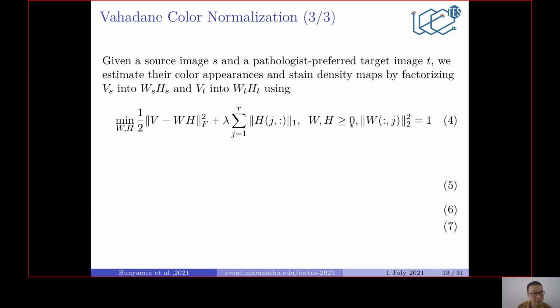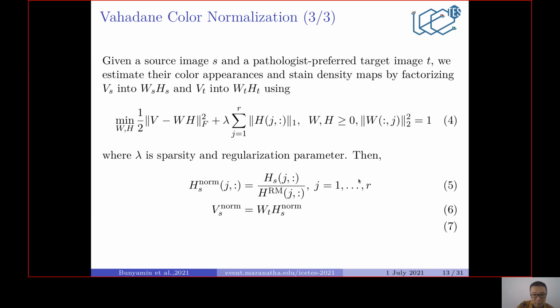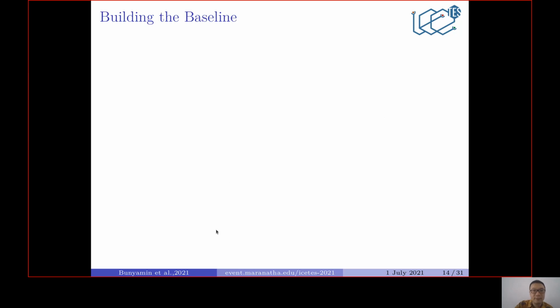This cost function is very similar to the matrix factorization cost function, which is the algorithm for recommender systems. And then we normalize, and finally we get the pixels of our image after being normalized.